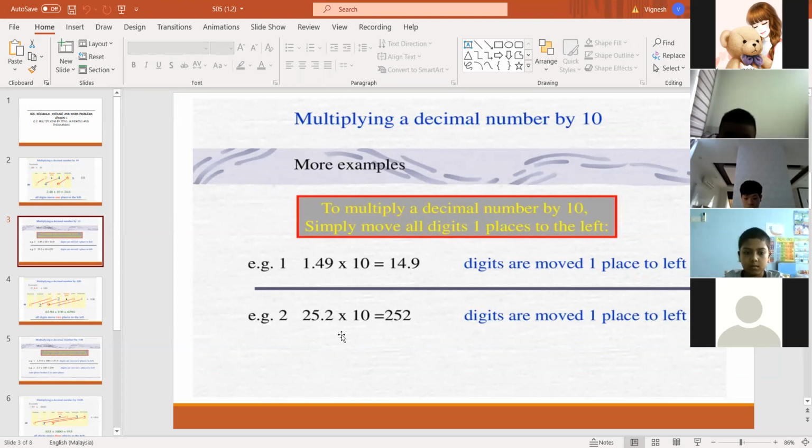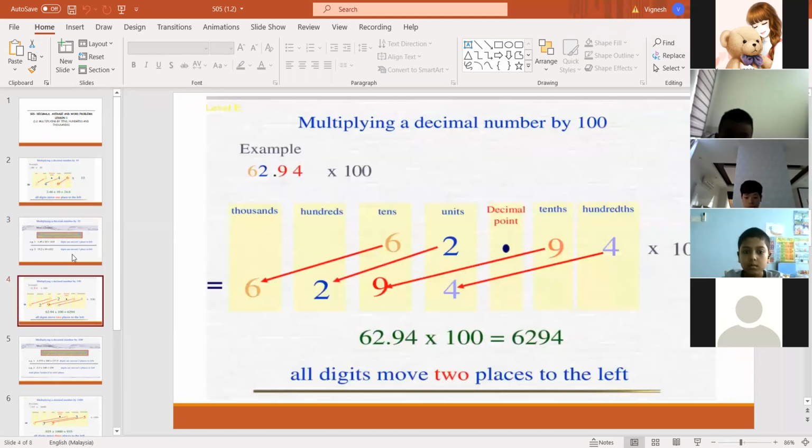So 25.2, if you move one decimal place to your right, your answer is 252. Understand or not, class?